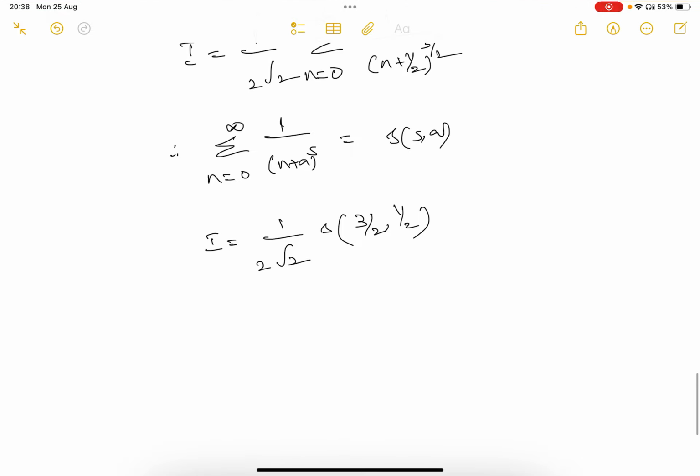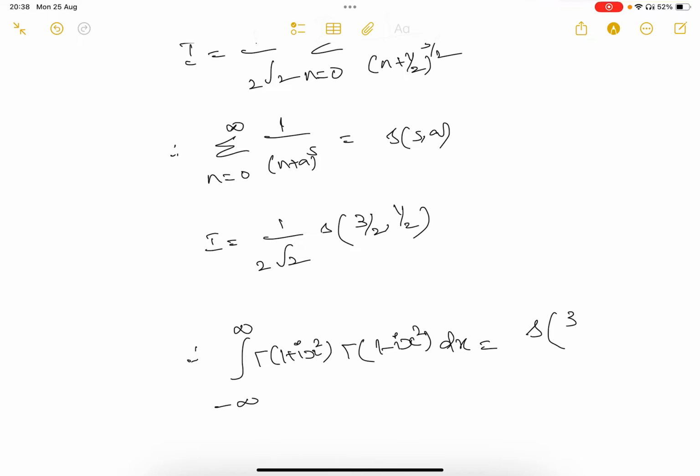So finally our solution is: integral minus infinity to plus infinity gamma of 1 plus ix square into gamma of 1 minus ix square dx is the Riemann zeta function of 3 by 2 comma 1 by 2, divided by 2 root 2.